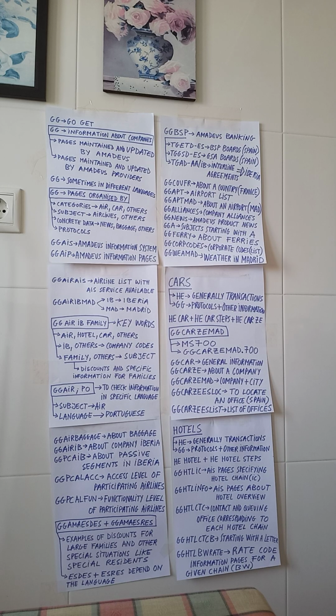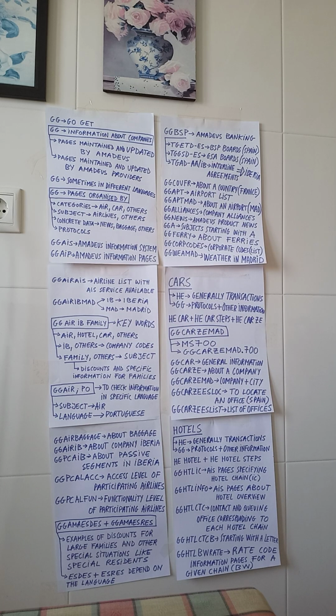GGAIRIB family, this one, is a combination of keywords that allows us to know three things. One here, another one, this one here, and the last one, family, here.